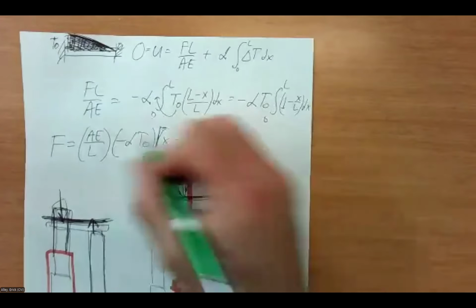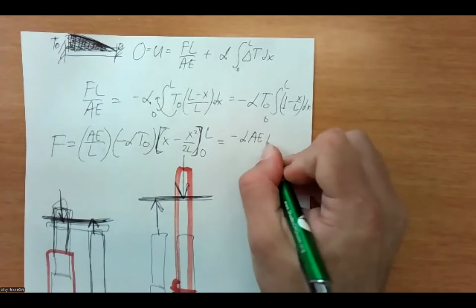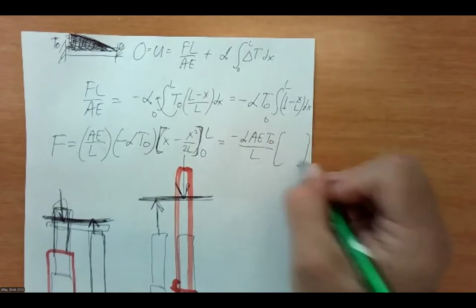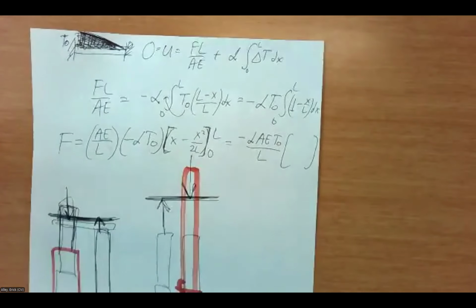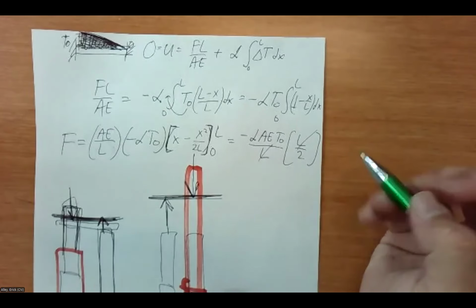So let's consolidate what we've got here. Minus alpha AE T naught over an L. And then inside the bracket, I've got L minus L over 2, so just an L over 2 out here. And we'll see the L cancel.